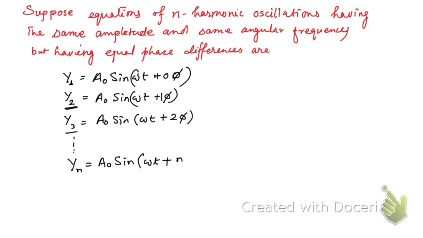When we have 3 here, this is 2 into phi. So when we write yn, it must be n minus 1 into phi. So this is the nth harmonic oscillation. These are the equations.